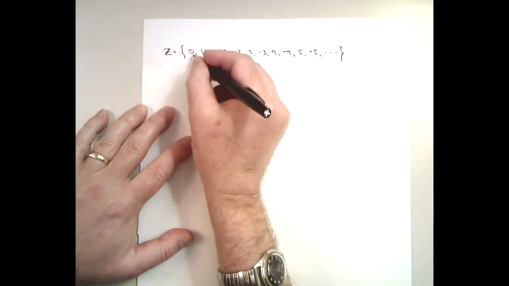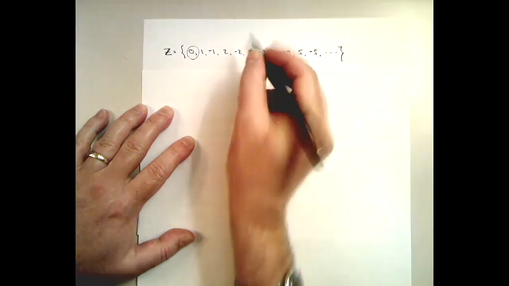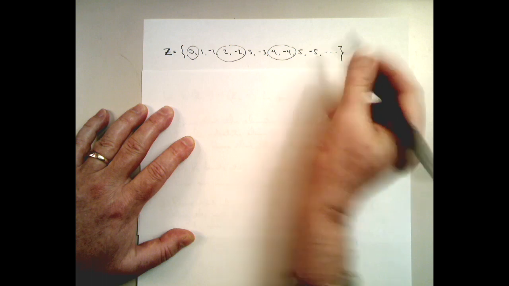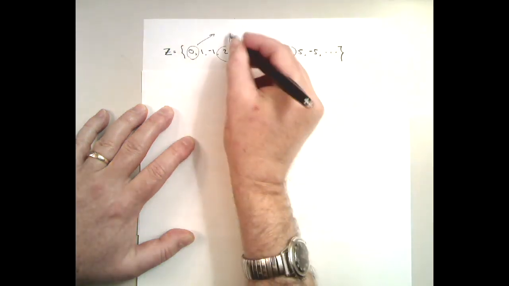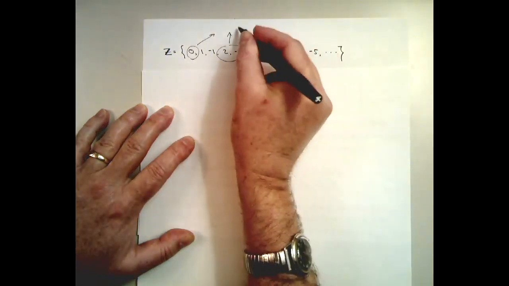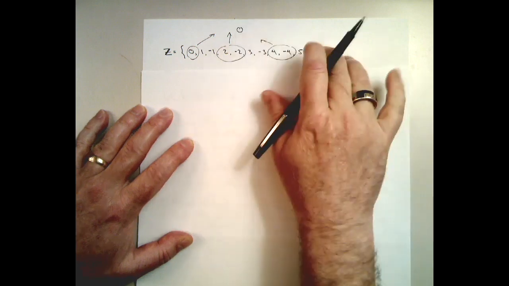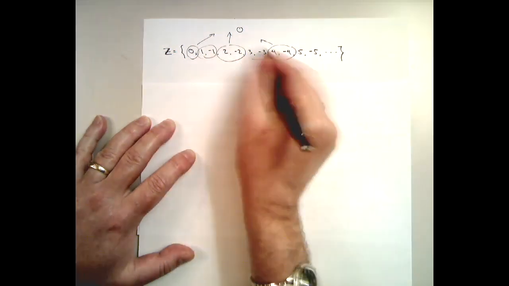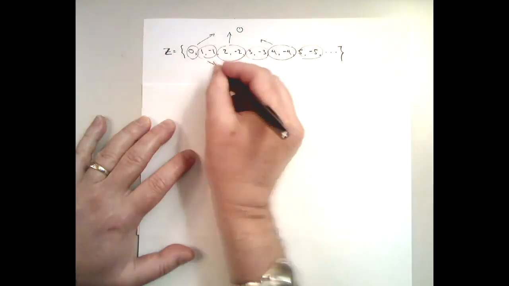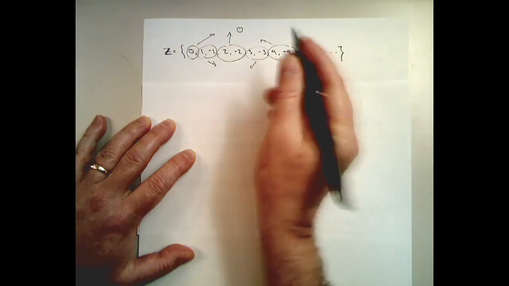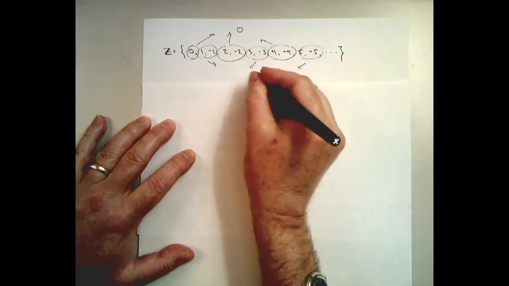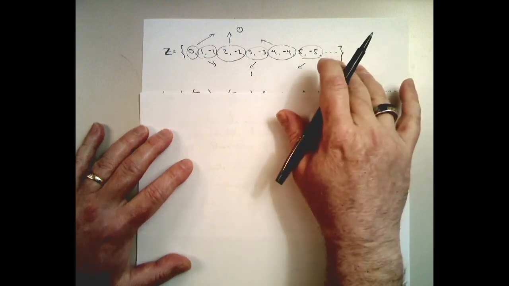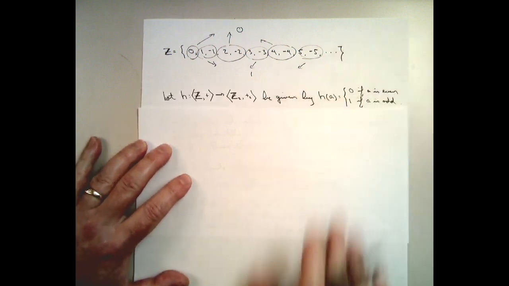I'm going to send all the even numbers to 0, and I'm going to send all of the odd numbers to 1. Right? And so there's my homomorphism.